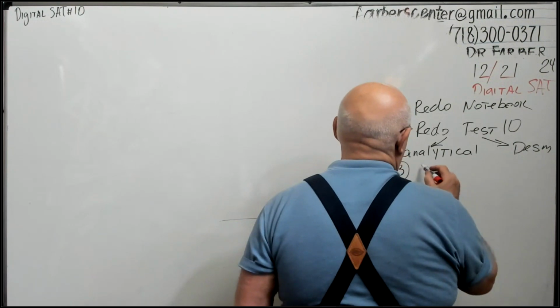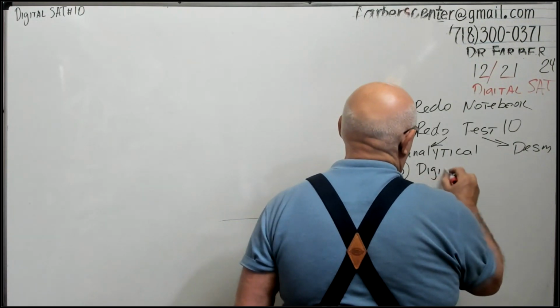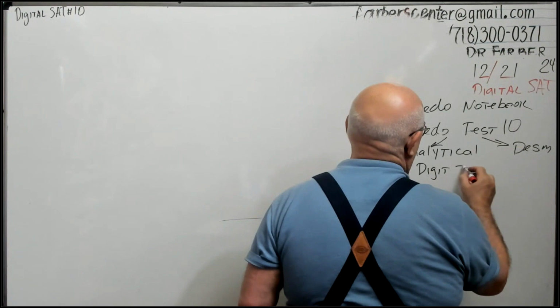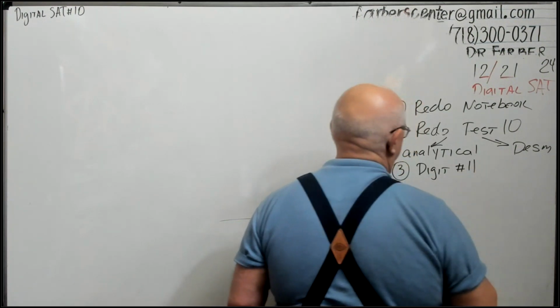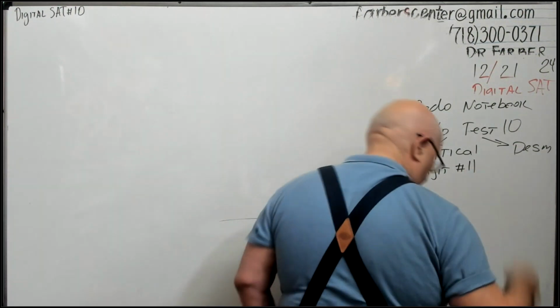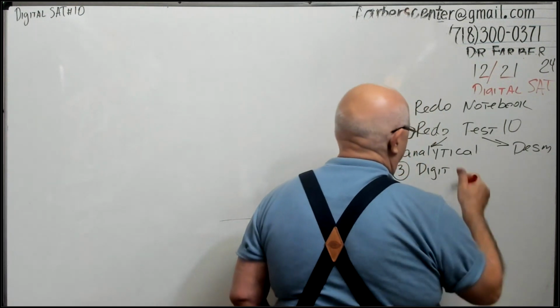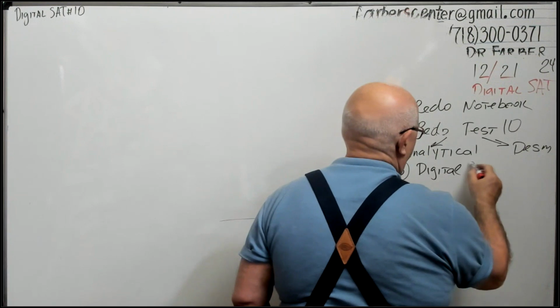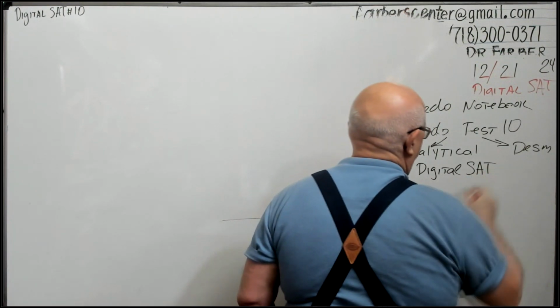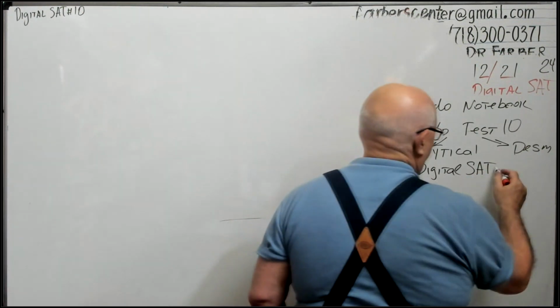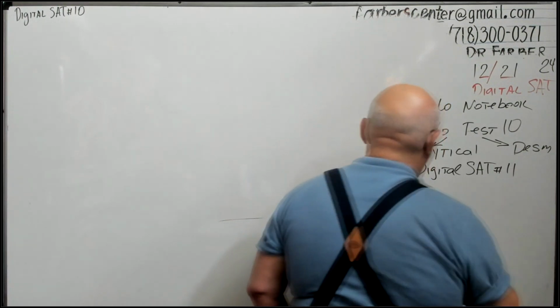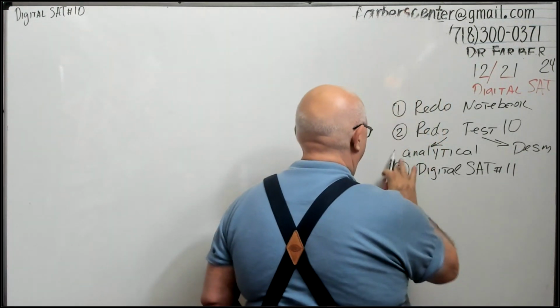You get digital, probably number 11. Digital is AT, number 11. So I prepared some questions. If you have time, we can practice together in class. Probably 11. Number 4.